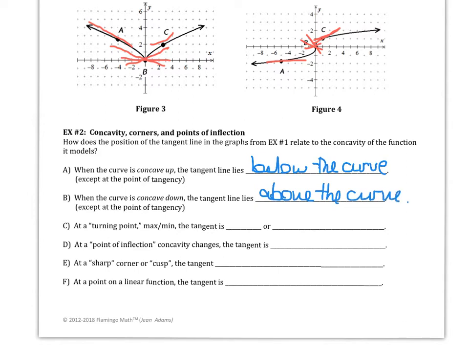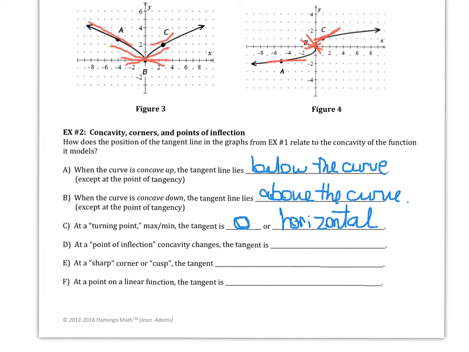Okay, at a turning point, a maximum or a minimum, the tangent is either 0, if you look at that first curve, where it goes at the maximum. If you notice, our tangent line has a slope of 0. It's horizontal. Now at a point of inflection, concavity changes.